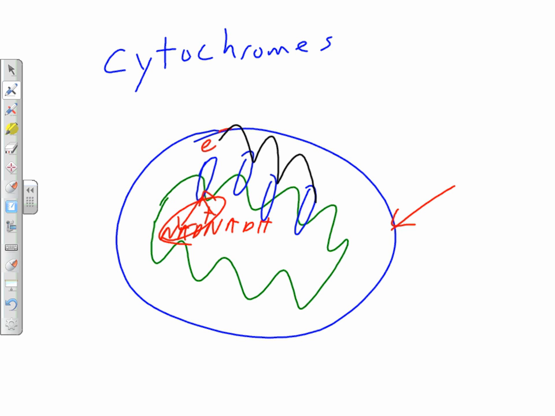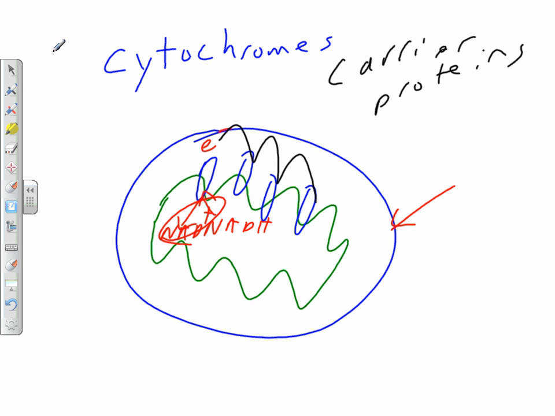These cytochromes are also carrier proteins. What have we talked about with carrier proteins before? What do they do? What process? Carrier proteins. Active transport, right? Which means they pump things out. Yes, against the gradient. And what these things like to pump is they like to pump hydrogen ions, H pluses, protons.